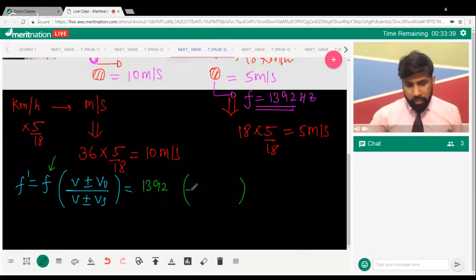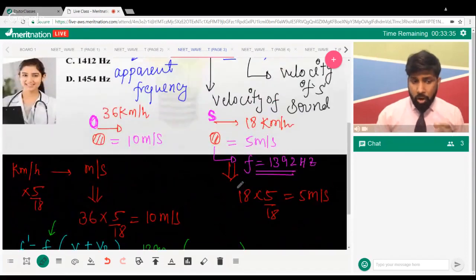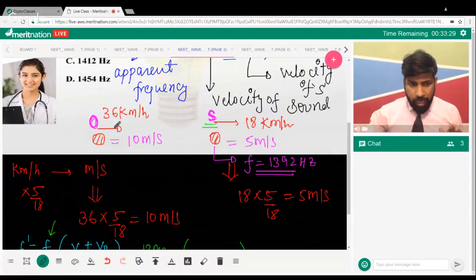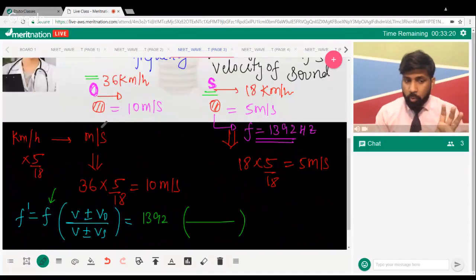V is the velocity of sound. First, if we talk about the observer, the observer is moving towards the source. See, this is the source and this is the observer. Obviously, if it is moving towards the source, in that case we need to take this one as positive. We need to take the maximum value.